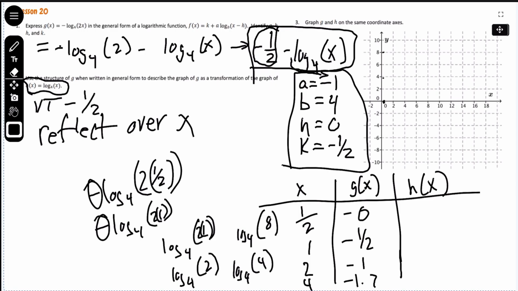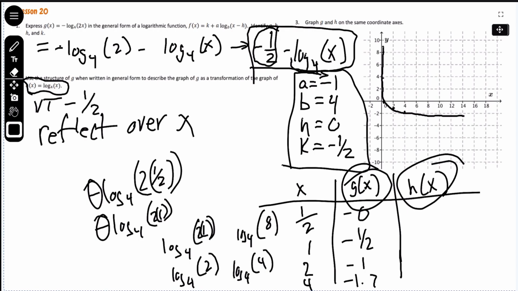So we're going to be coming down here something like this. And it'll be graphed something like that. Now this is G of x. Now if we go back to our original parent function here of H of x, we would have 1/2.